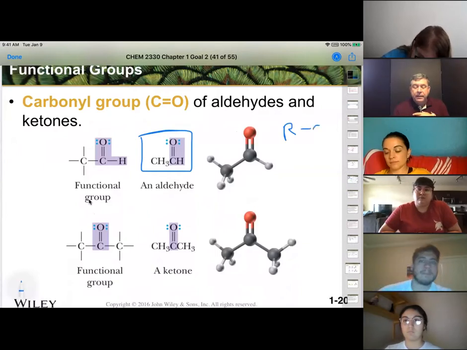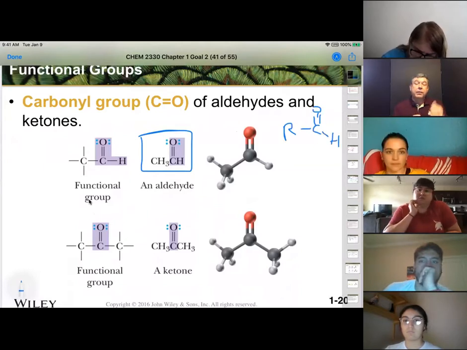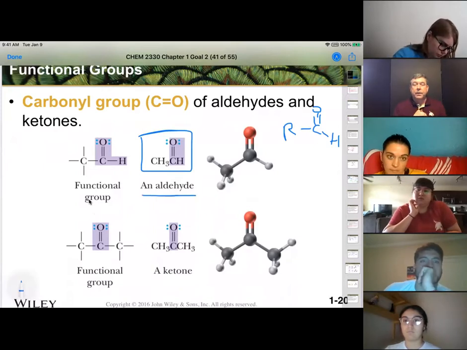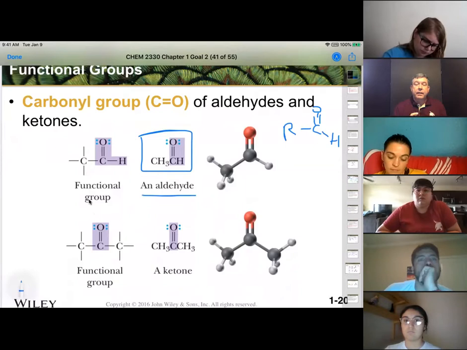But the functional part is the carbonyl and a hydrogen. If you have a carbonyl bonded to a carbon and a hydrogen, it's called an aldehyde. And there's even a simpler version where it's bonded to 2 hydrogens called formaldehyde. We'll talk about that.